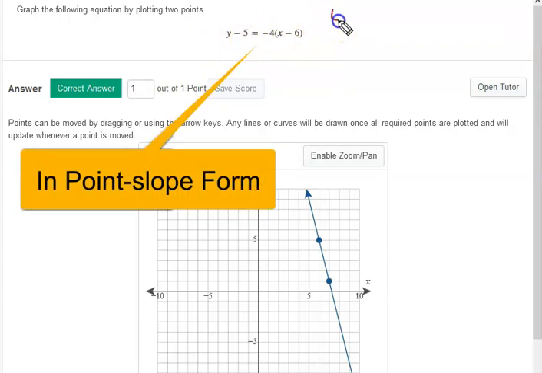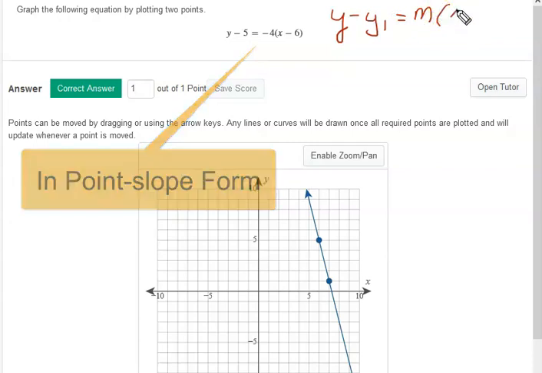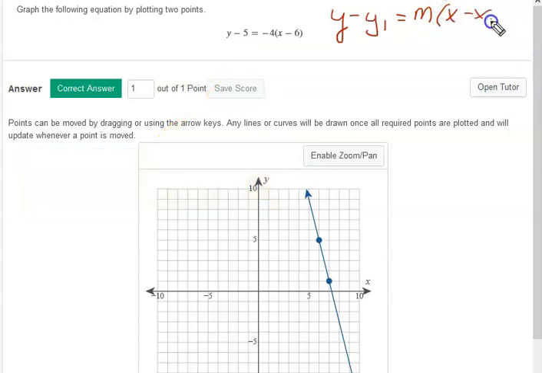And if you said point slope, y minus y sub 1 equals m times x minus x sub 1, you are correct. So what we want to do then is we have the slope, and we have one ordered pair that they're asking us to plot.